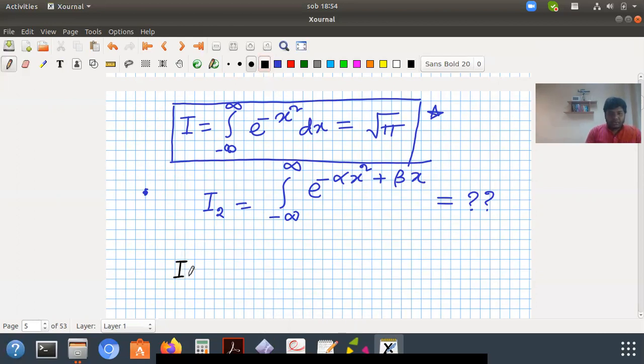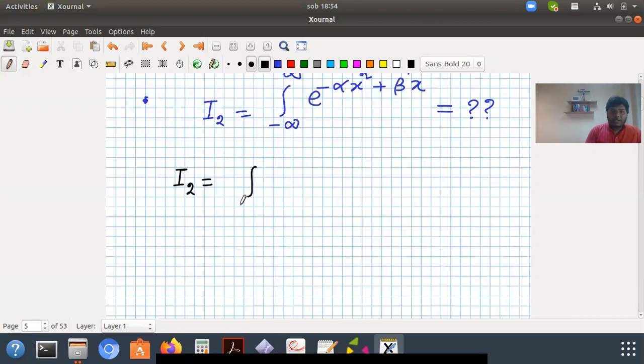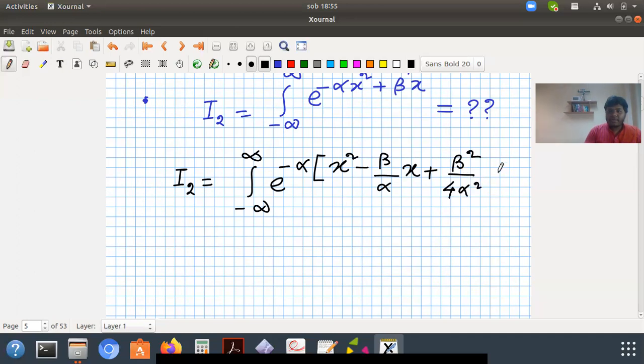So I2, I can write from minus infinity to plus infinity, e to the power minus alpha, I take common out. So this quantity will be x square minus beta over alpha into x plus, I add one term and I subtract that term. Now you can understand why I did this one.